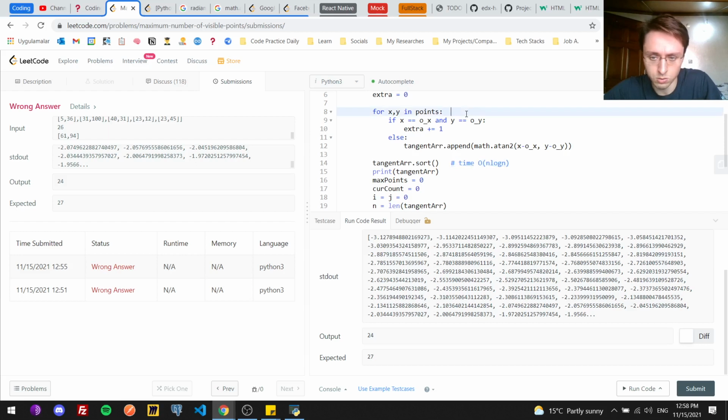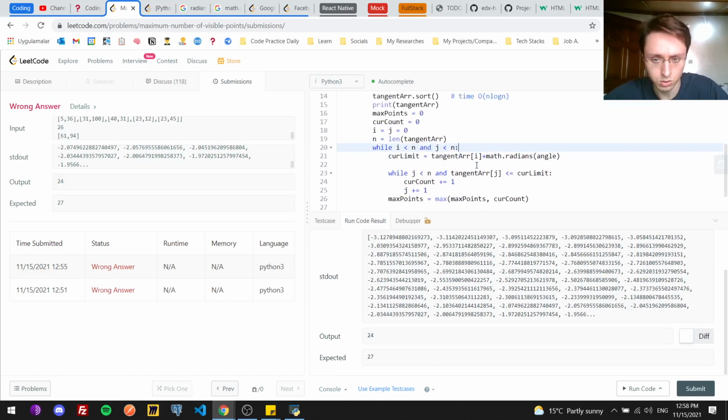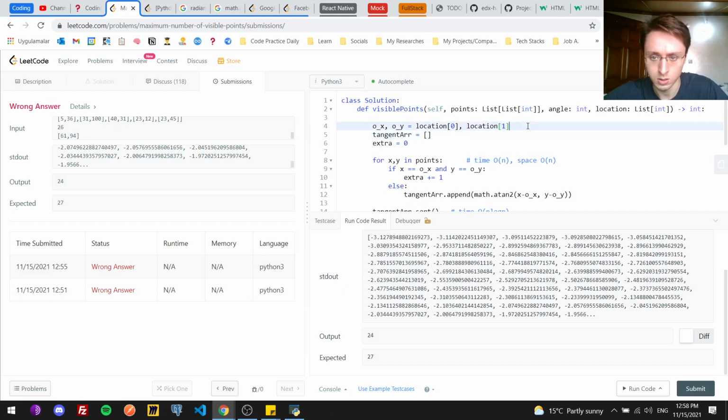And this is also time of n. And then of course the space of n. And when we go over it, we have sliding window approach, which is of n, but since we have sorted, it is of n log n.